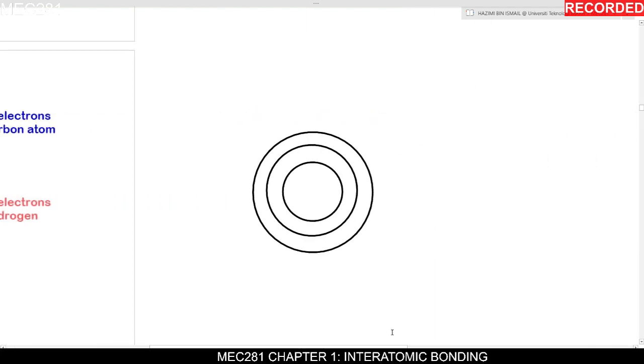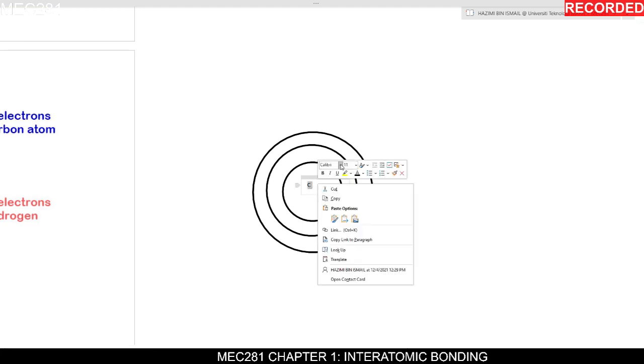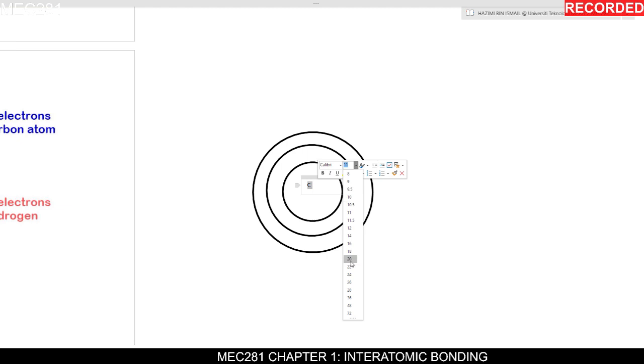So this is the carbon. At the first shell we have 2, and the second shell we have 10.